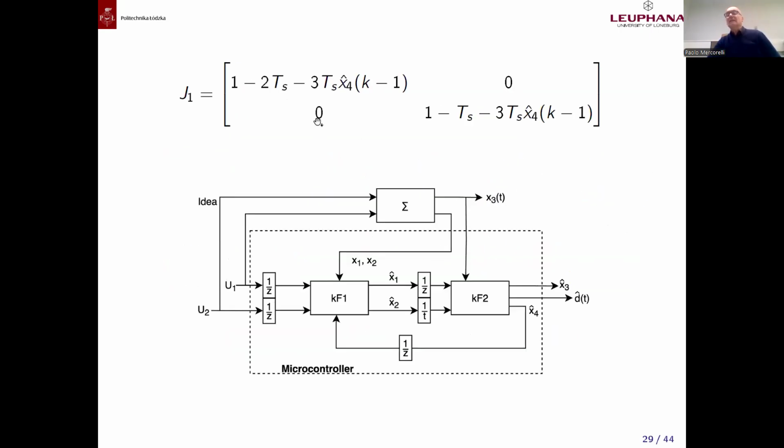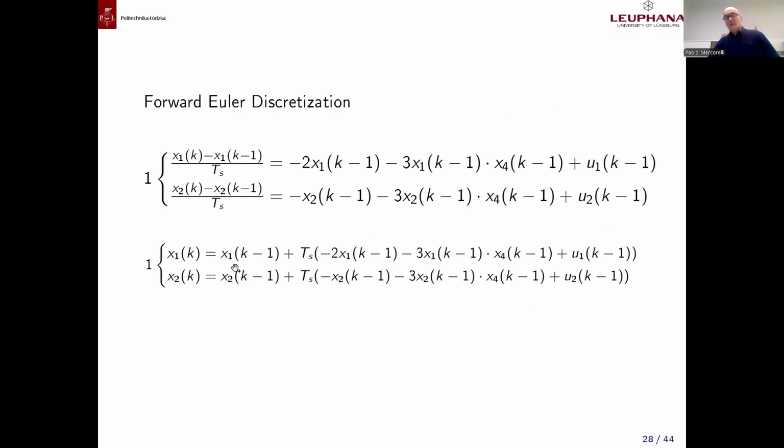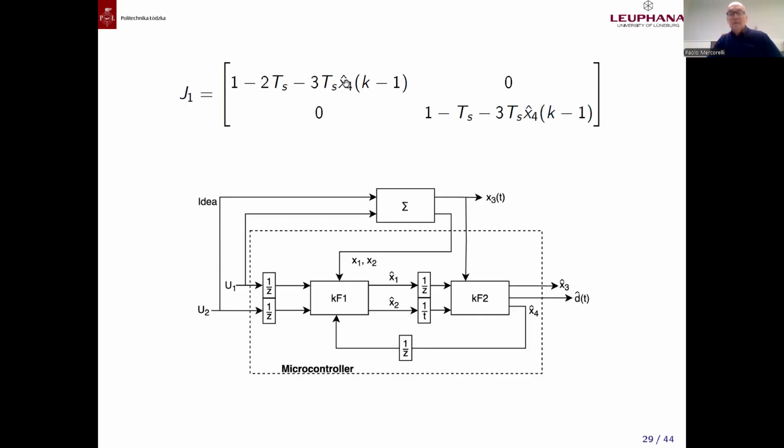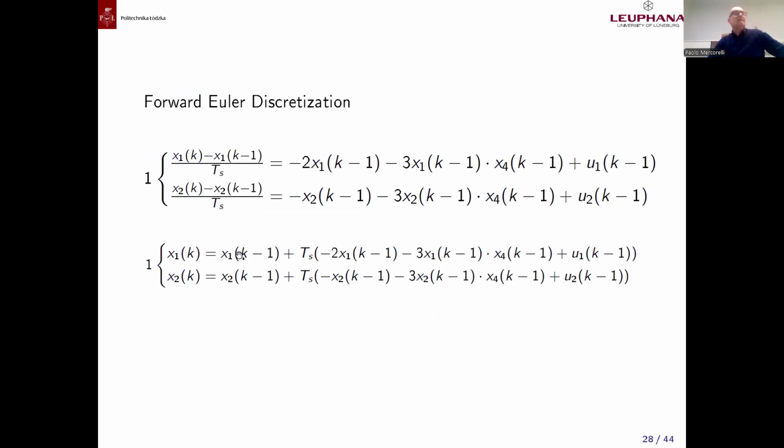In the same way, if you look at the second equation, we don't have x1 of k minus 1. This means the derivative of this expression with respect to x1 of k minus 1 is 0. What about the other one? For instance, this. How can I justify this? Easy. The derivative of this expression with respect to x1 is 1.